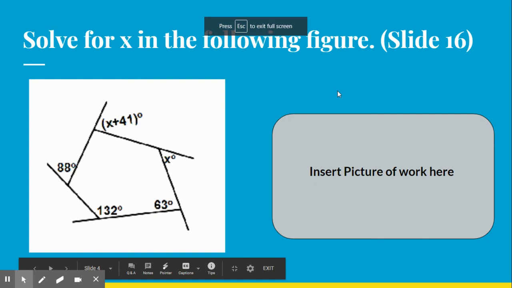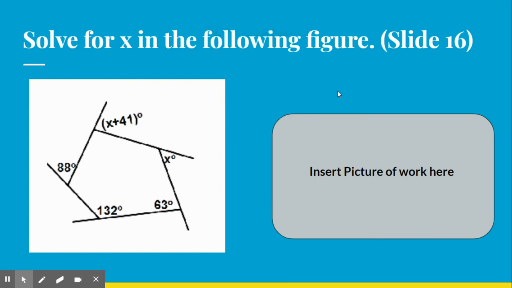Now, this particular problem is a little bit different. We need either all the angles to be inside to solve this, or all the angles to be outside. And unfortunately, we have some angles inside and we have some angles outside.